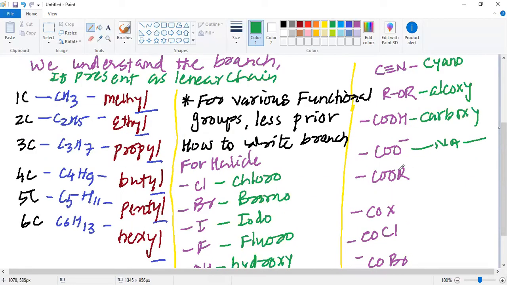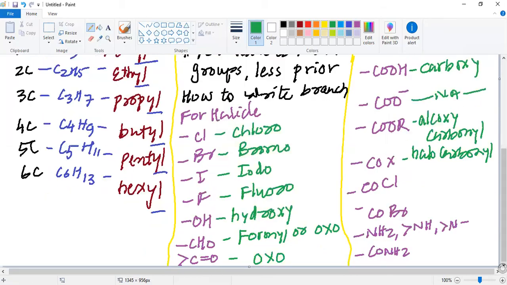For ester, we can write alkoxycarbonyl. For acyl halide, we may have halocarbonyl. So for COCl, we can write chlorocarbonyl.